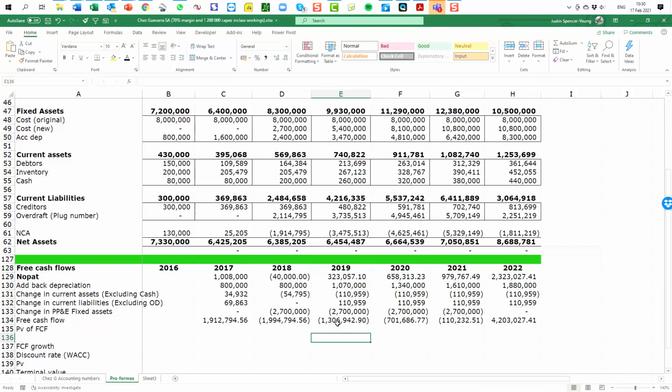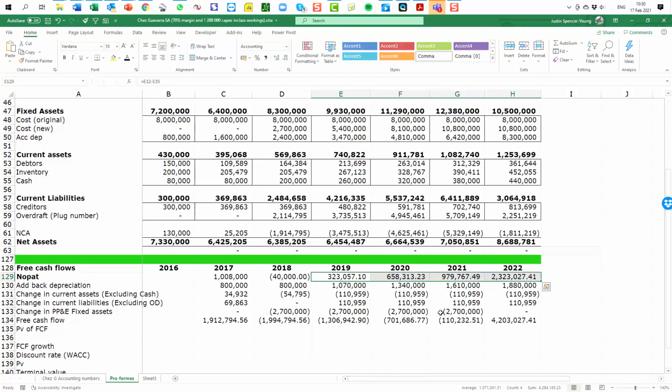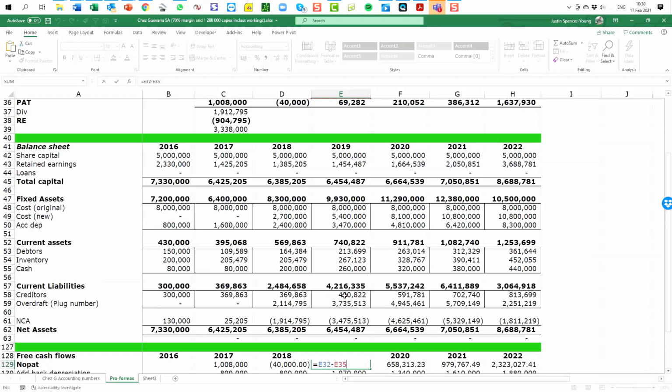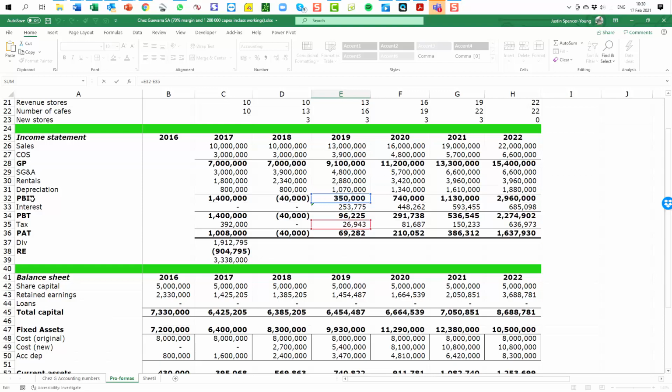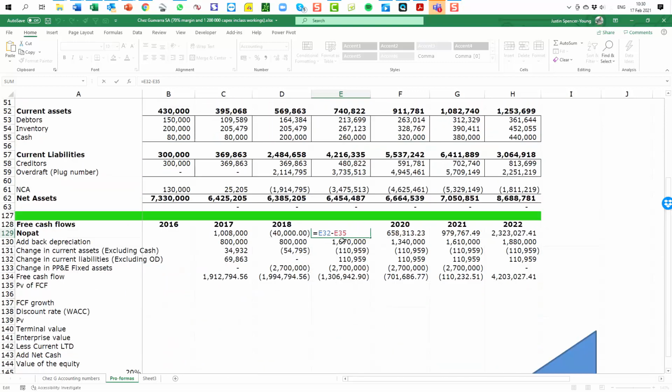So let's just take a look at what's happening. The NOPAT is increasing into the future as more and more cafes come online and we start making some profitability that comes from the operations. Let's just test this number and see how it's calculated. Simply, I'm taking the operating profit and subtracting out the tax component, and that gives us this number.